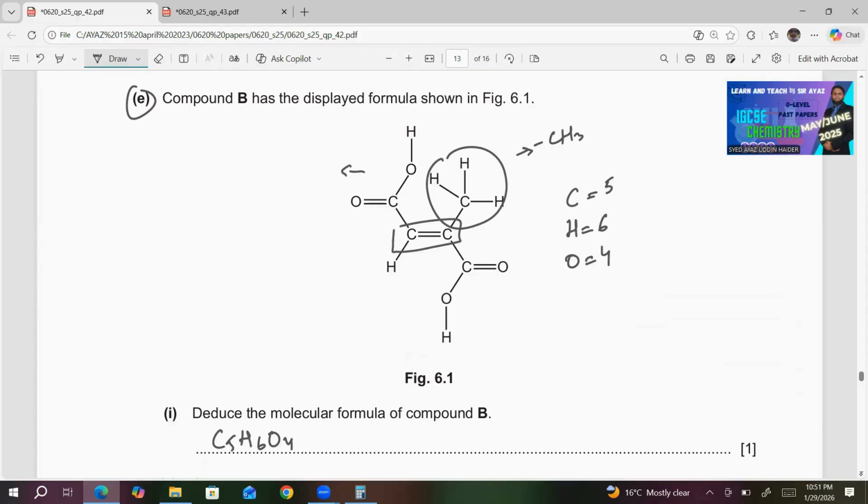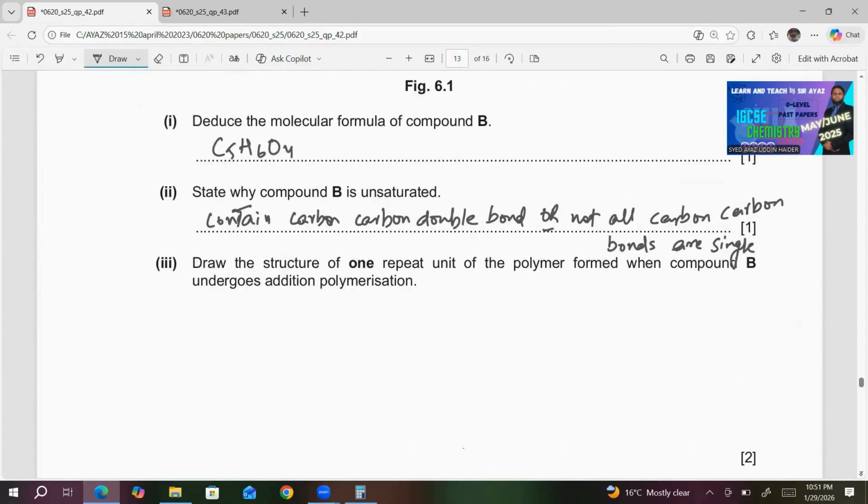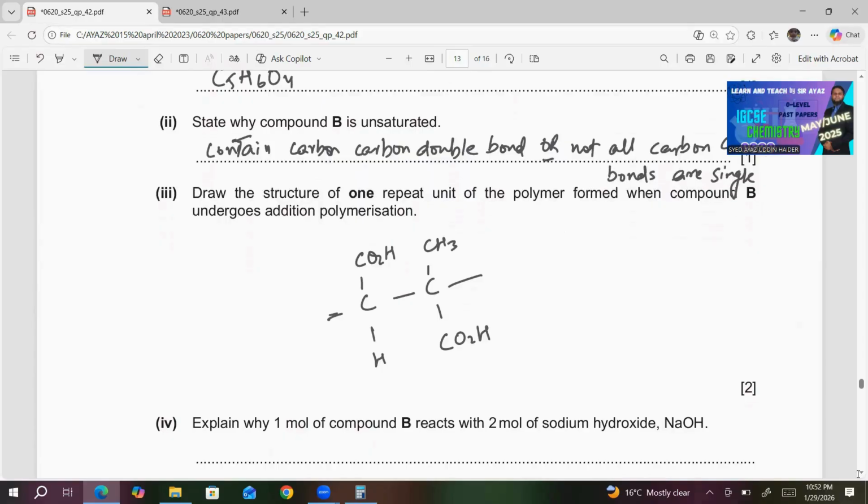For this one, COOH or CO2H, bond, again this one, bond CO2H. The rest of the structure will remain the same. So we have CO2H here and CH3 here on the right hand side, and CO2H here we are having hydrogen. So this must be the repeat unit for this one. So this will be the one repeat unit for the addition polymer.